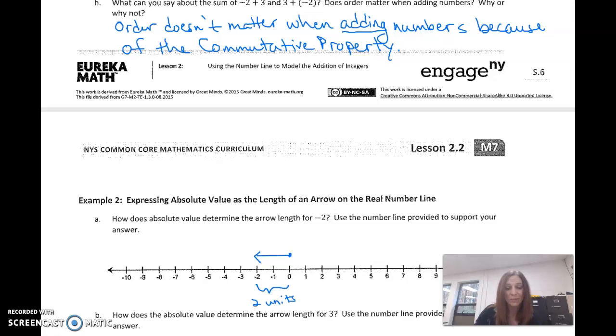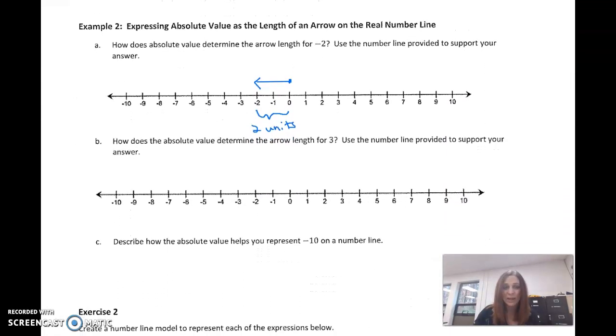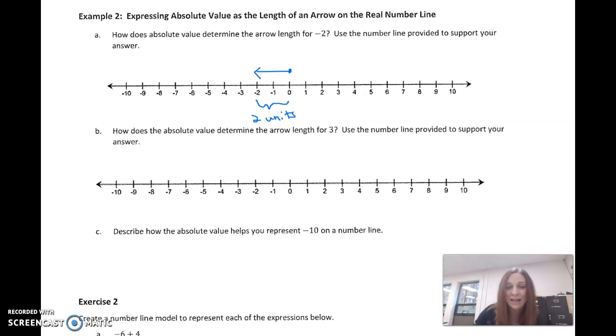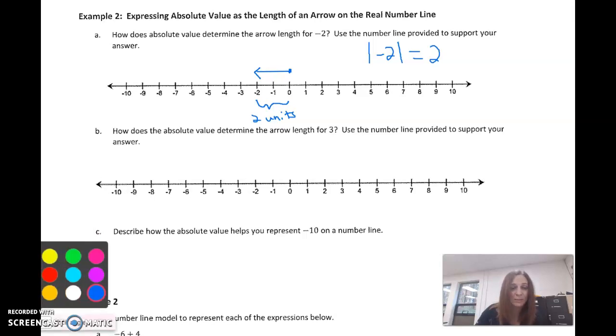Just 2 units, right? Now, remember, our absolute value is how far away negative 2 is from 0. So we could say our absolute value of negative 2 is also 2 units. How does absolute value determine the arrow length for 3?